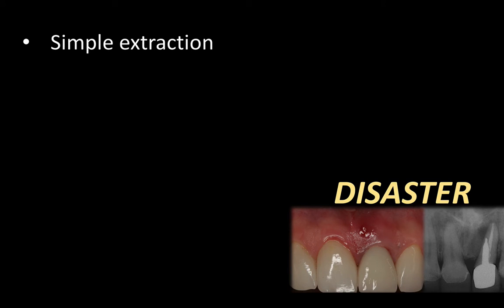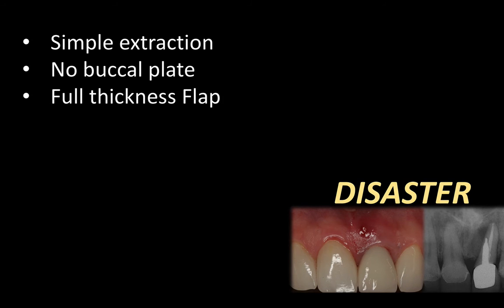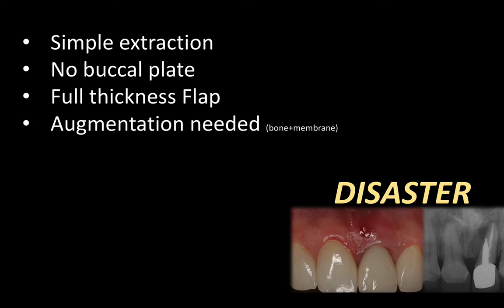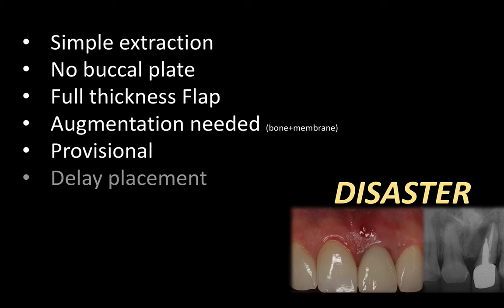I know that the extraction is going to be relatively simple, not too challenging. I know that the buccal plate is compromised, and therefore I'll have to reflect a full thickness flap, augment the area with bone and a membrane, and deliver some sort of provisional, which one we'll see in a second. I also know very, very likely I'll have to delay the placement. There's going to be a significant infection in the site.